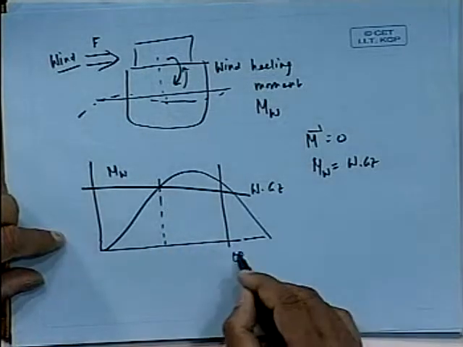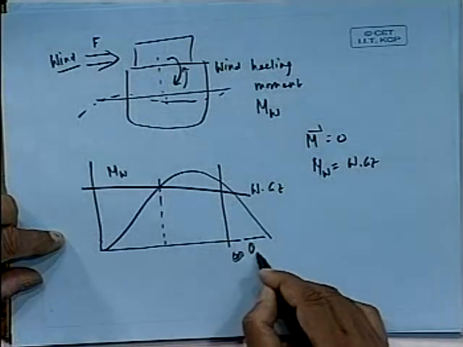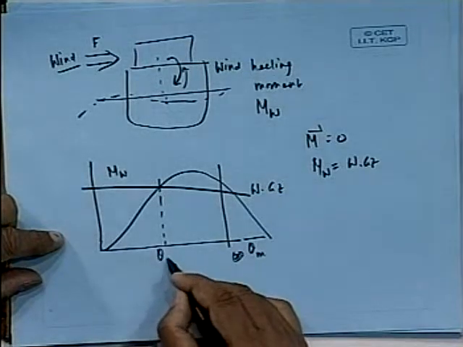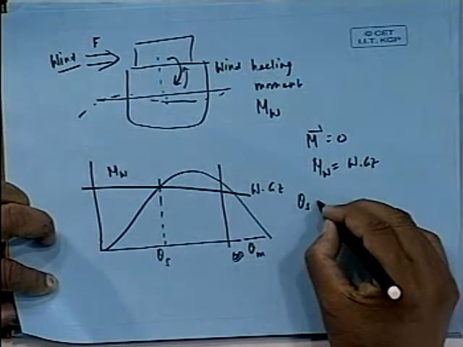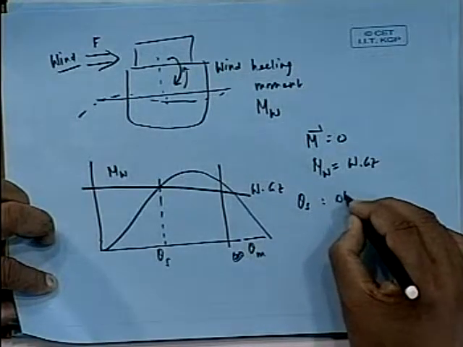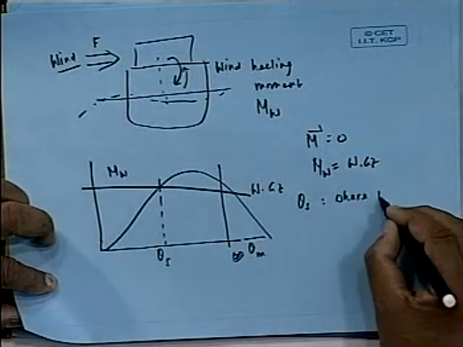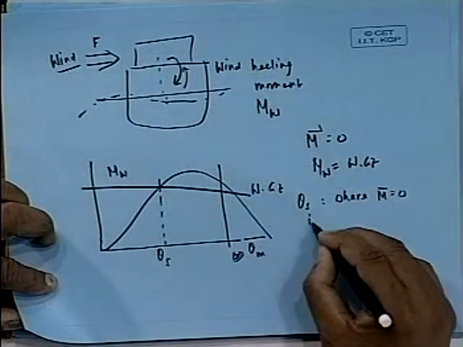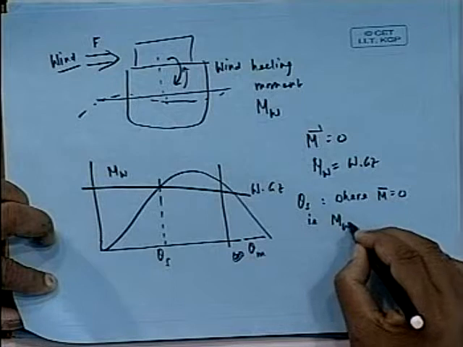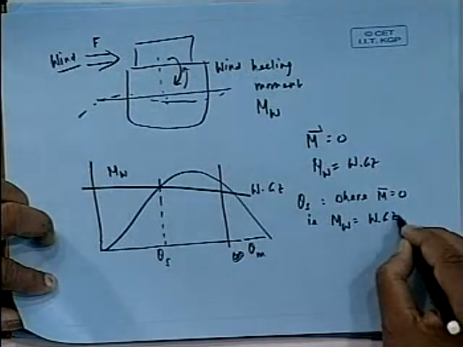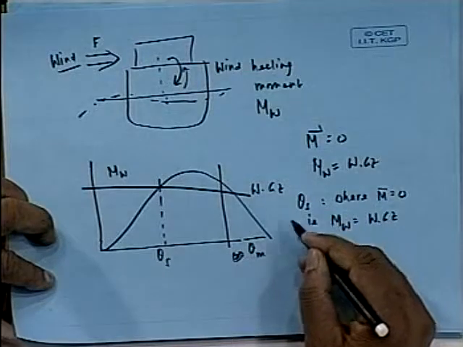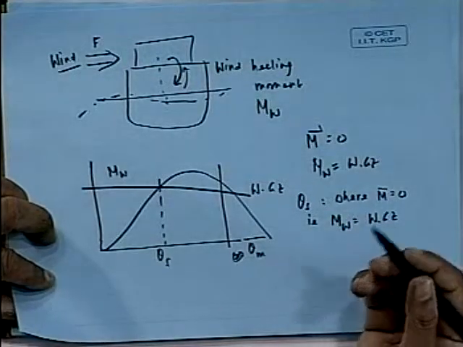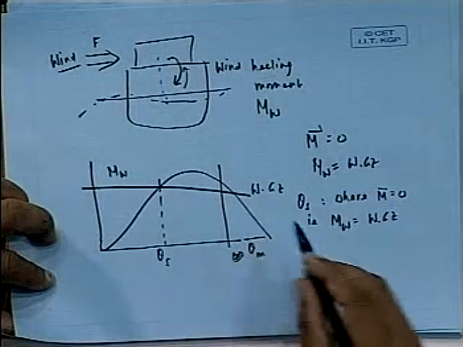Okay, so let me call this theta steady. I will just write down theta steady, where M is 0, that is M wind equals W ZZ, that we know, but that is not the critical thing for us right now.